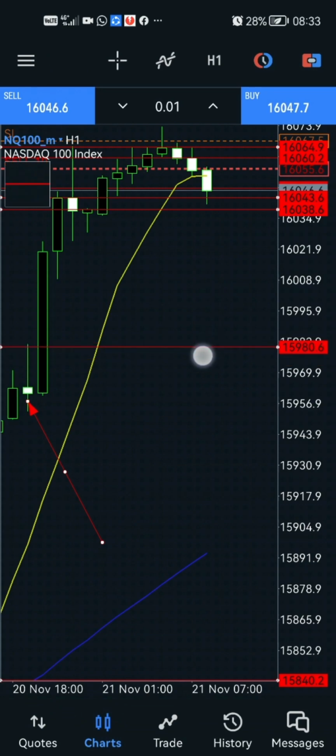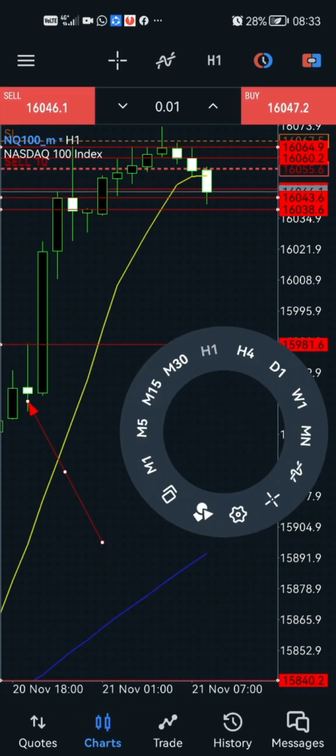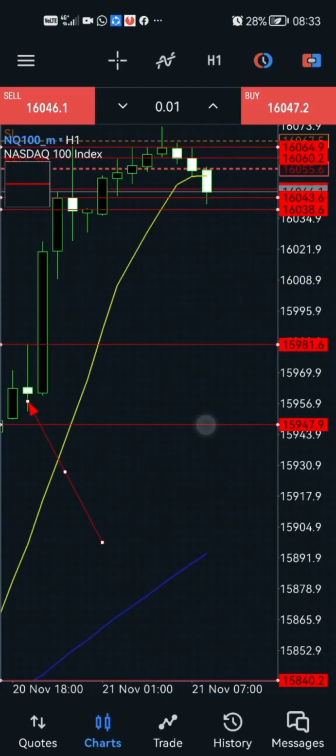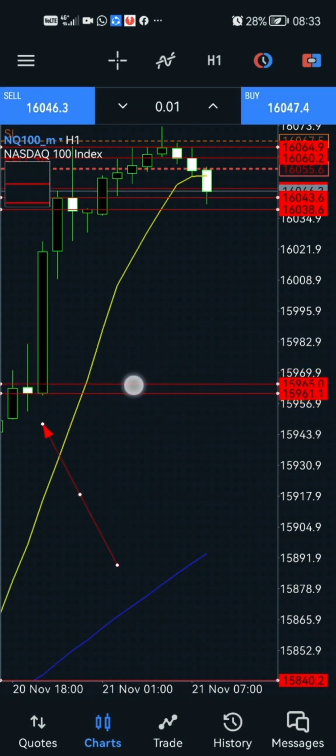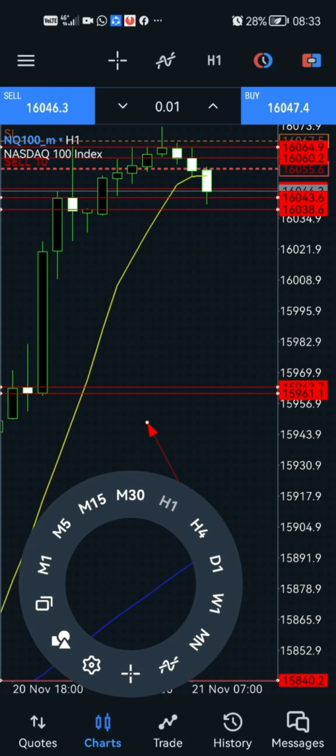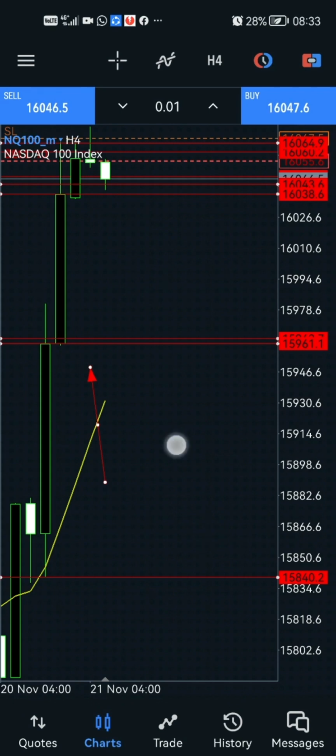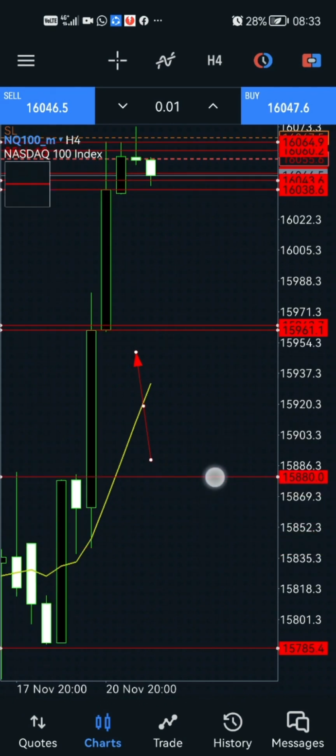Alright, you gotta wait. You just gotta wait it out sometimes. Comes down to that range here, 15,961, coming down to that price there. Should it break through?